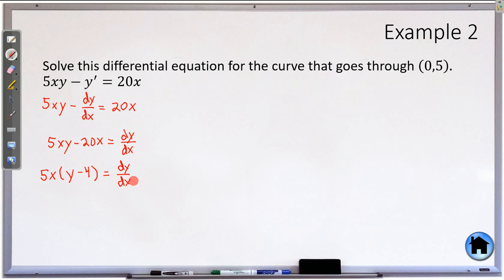Now I'm going to move the dx over, and we're going to divide by those parentheses. So multiply by dx. But then we're also going to divide by y minus 4. So that will cross out.